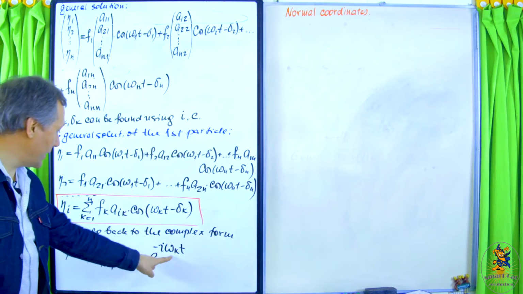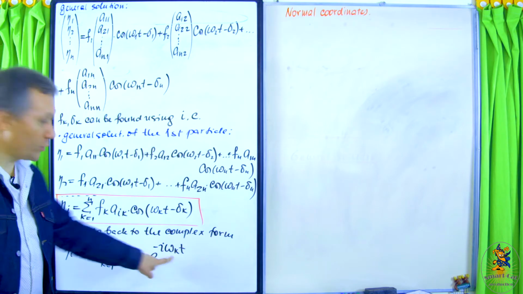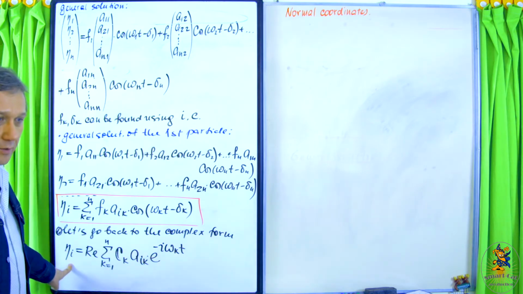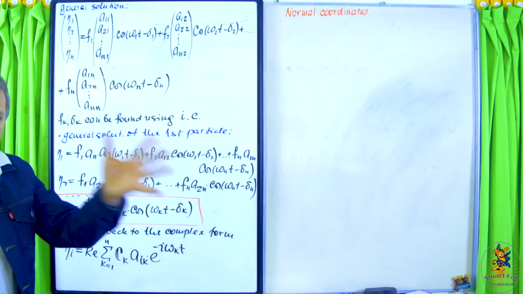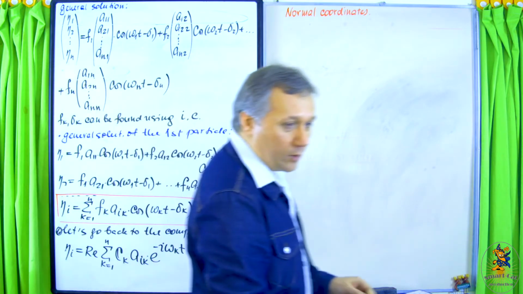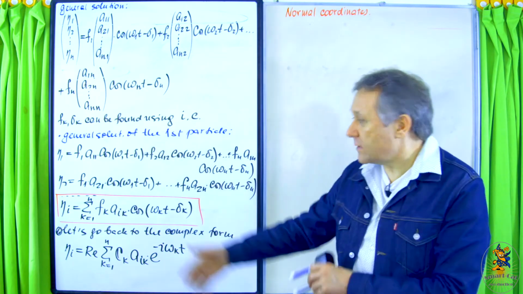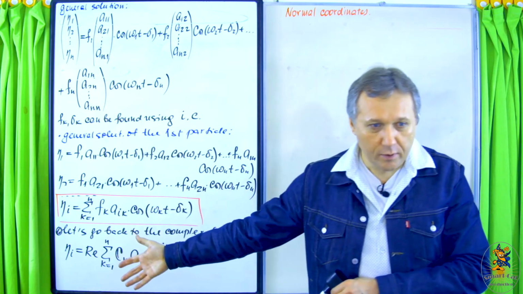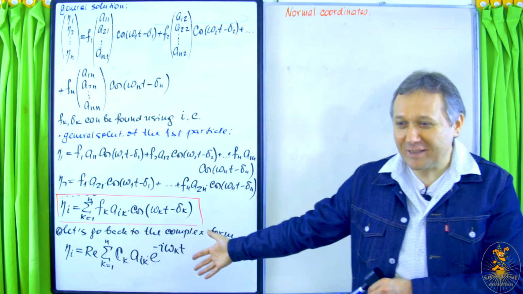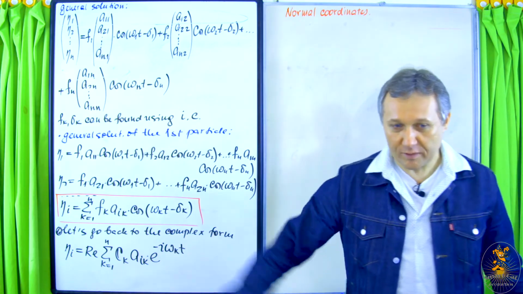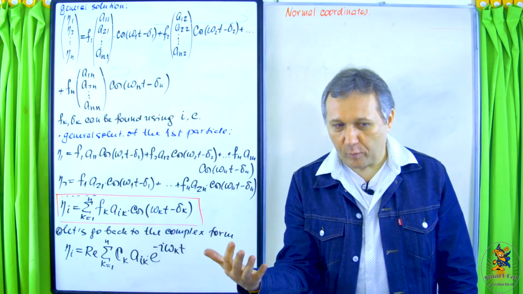So you see we have here a summation over k from 1 to n of omega_k. So the oscillations of this coordinate depend on all frequencies, omega_1, omega_2, omega_3, and so on, the whole spectrum of frequencies. Nothing wrong with that. This is the solution. This is the correct solution, right? So we cannot complain. Actually, we can complain, but we cannot say that this is wrong or something is not right with that. No, it's absolutely correct. But every time we're trying to simplify our life, right?